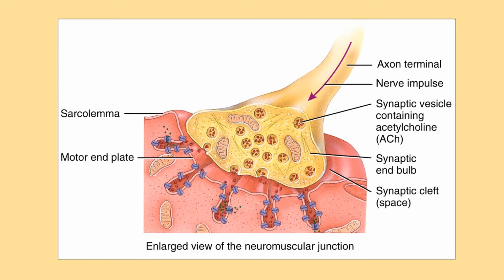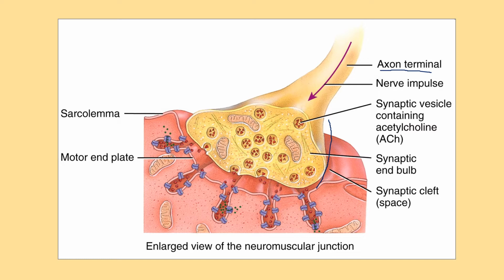Here's a different artistic representation of pretty much the same thing. We have a neuromuscular junction represented here, and the arrow that's traveling along the axon terminal. An axon terminal is a branch of an axon. It's part of a motor neuron, and the axon terminal leads to this bulbous region called the synaptic end bulb.